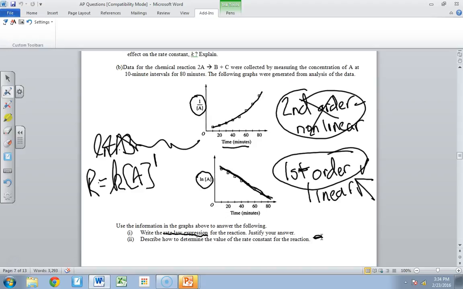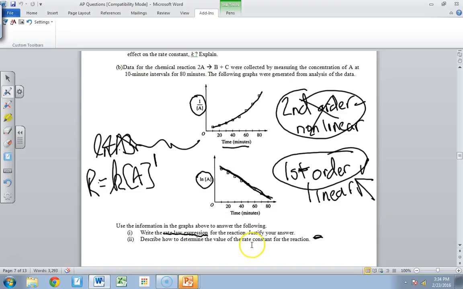It doesn't say to do it, it just says to explain how you would do it. The reason why I like this question is because it intermingles both parts of the rate law, the differential rate law and the integrated rate law, and it really tries to get you to understand when you can calculate the rate constant.